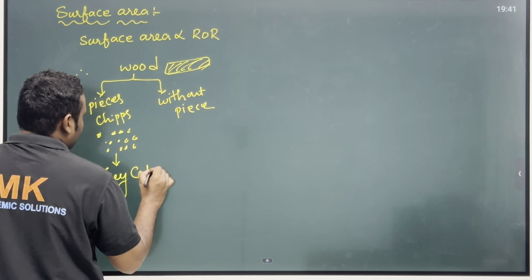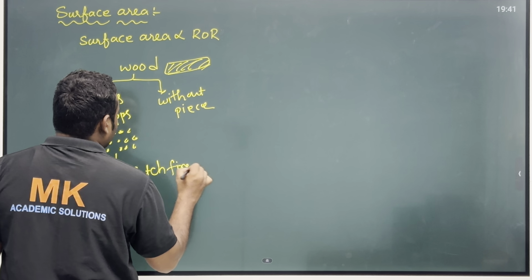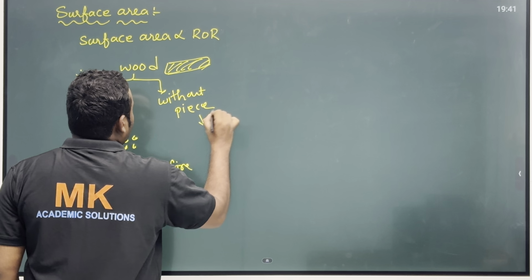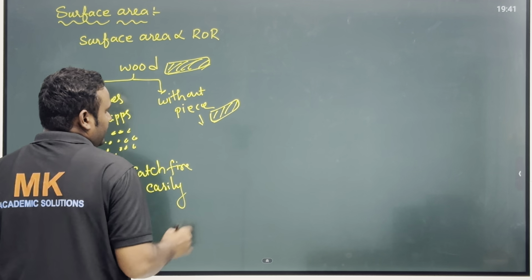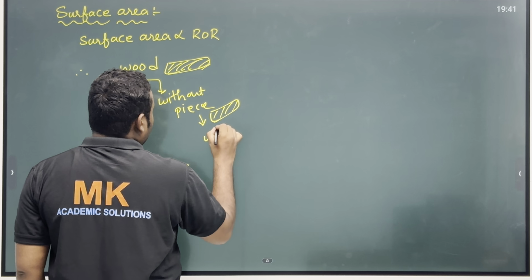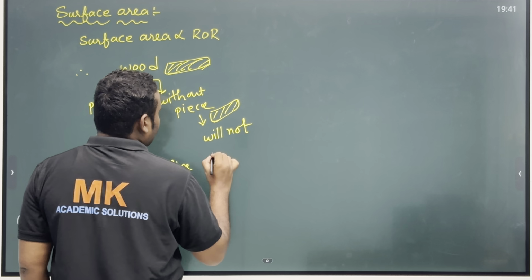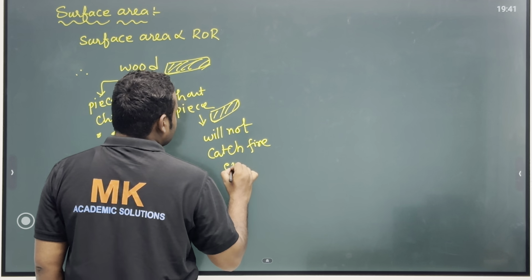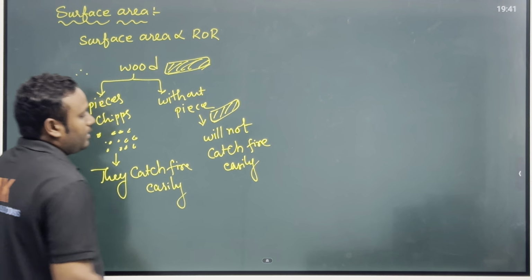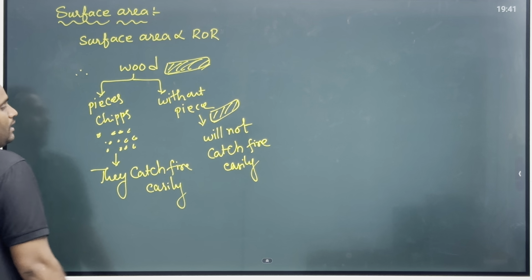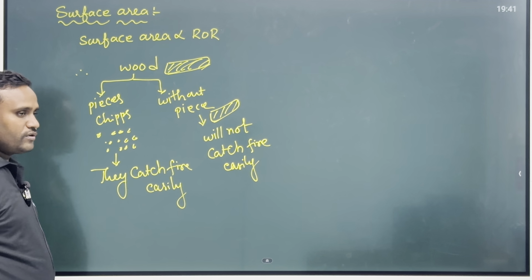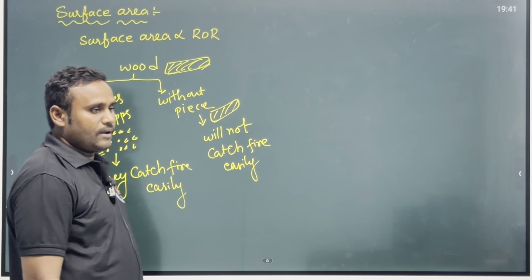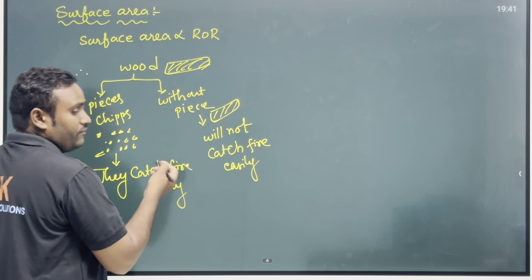But this log will not catch fire easily. Why? Because here there is less surface area and here more surface area, so it burns rapidly, and the log will not burn rapidly. Okay, so that's the effect of surface area.